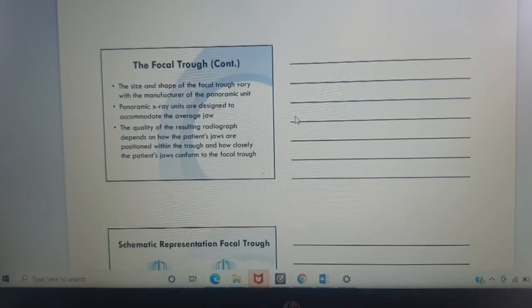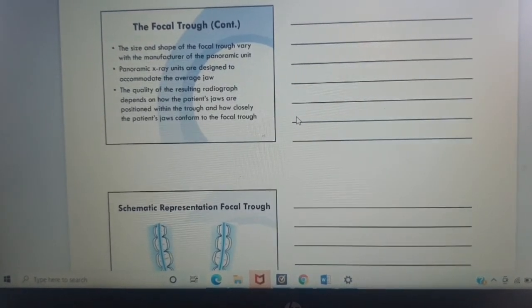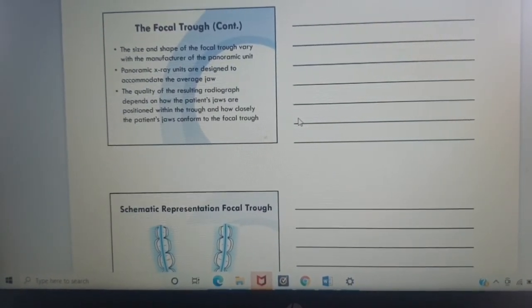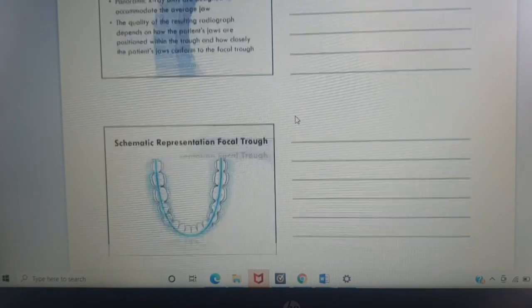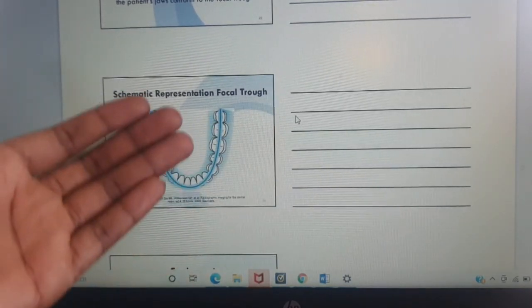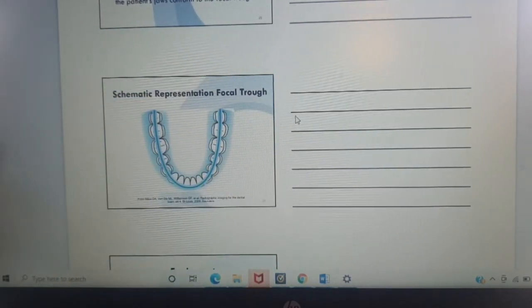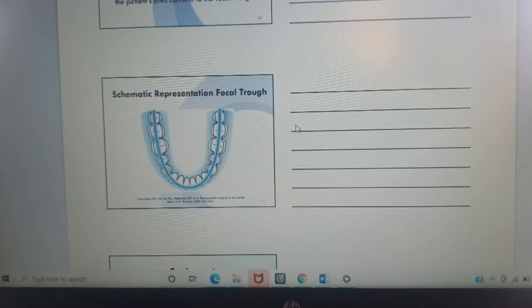Ne? So essentially, the quality of the radiograph depends on how the patient's jaws are positioned within this trough that is determined by the manufacturer, as it's their piece of equipment, and how closely the patient's jaws conform to this focal trough. So this is just a representation on this slide of an imaginary focal trough that you will identify and read up on based on the booklet that you would have received from your manufacturer.